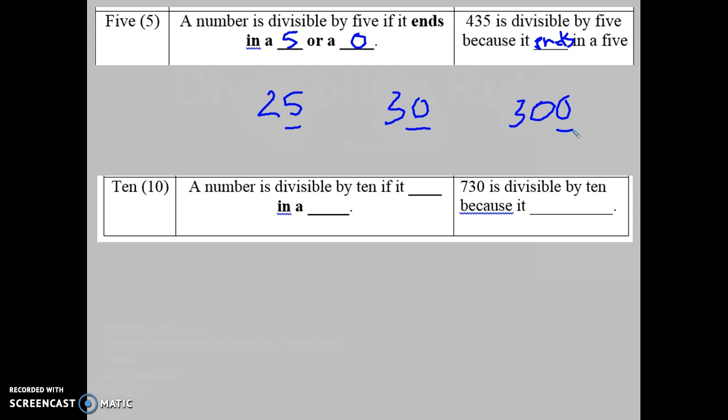The next number that we're going to look at, divisibility rule, is 10. We know that a number is divisible by 10 if it ends in a 0. So the number 730 is divisible by 10 because it ends in a 0.